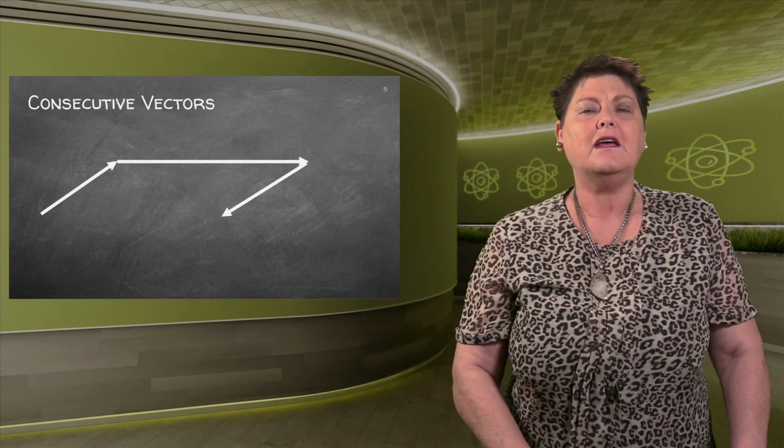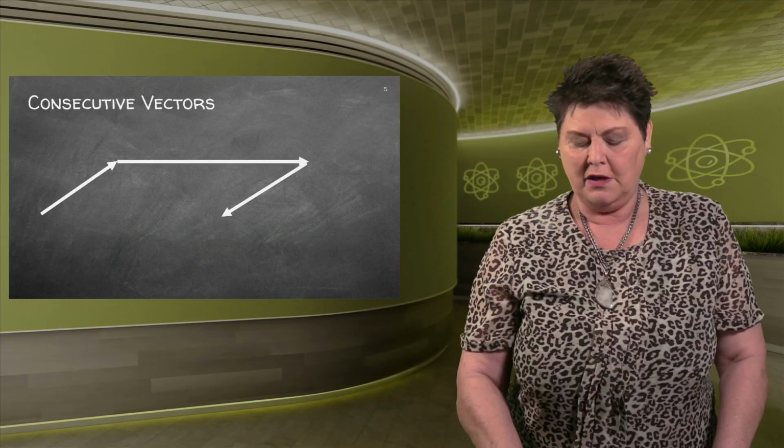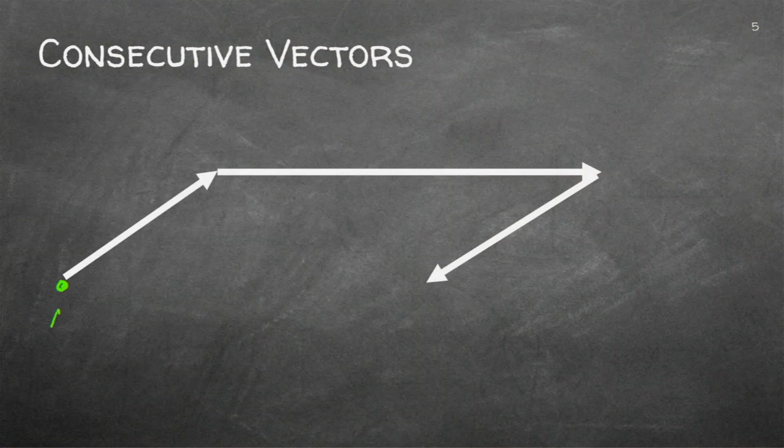Consecutive vectors can be more than two of them. So I can start here. I can walk from A to B. I can then go from B to C, and then from C to D. The question will be, how do I determine the resultant? Now you know, I just connect the starting point here at A with the end point at D. Again, an easy way of finding the resultant would be graphically.